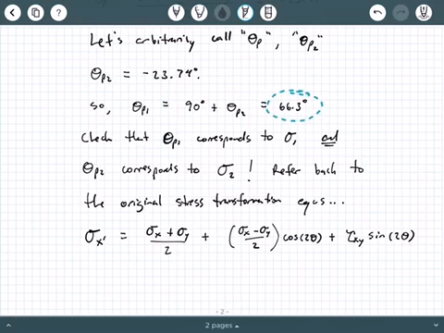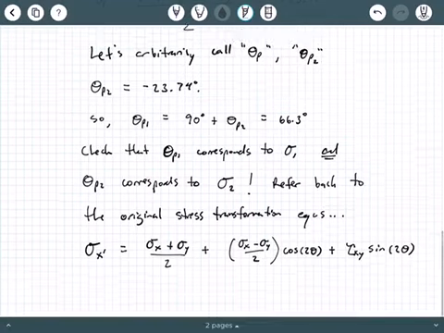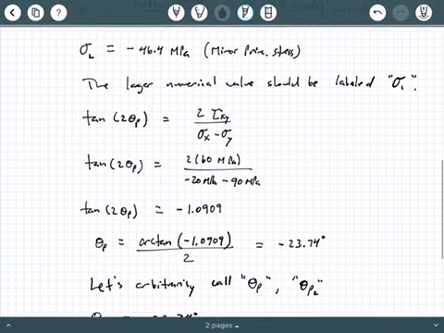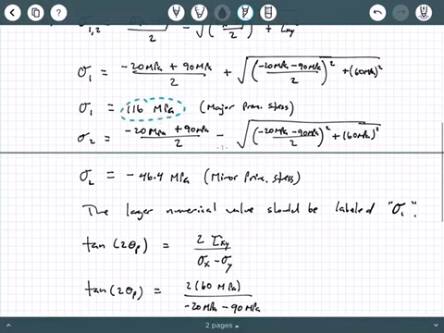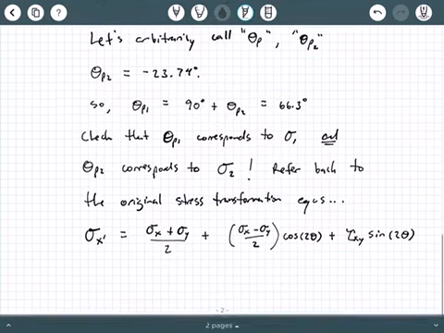Now, follow me here. If we substitute theta p1, which we said is 66.3 degrees, into this sigma x prime equation, and we run the calcs, we should get what number?